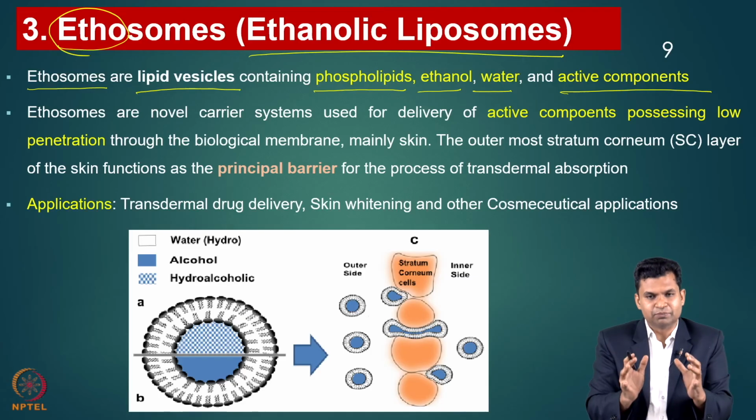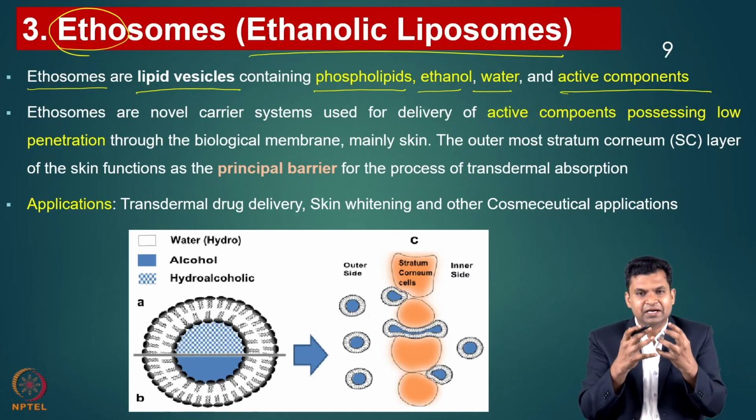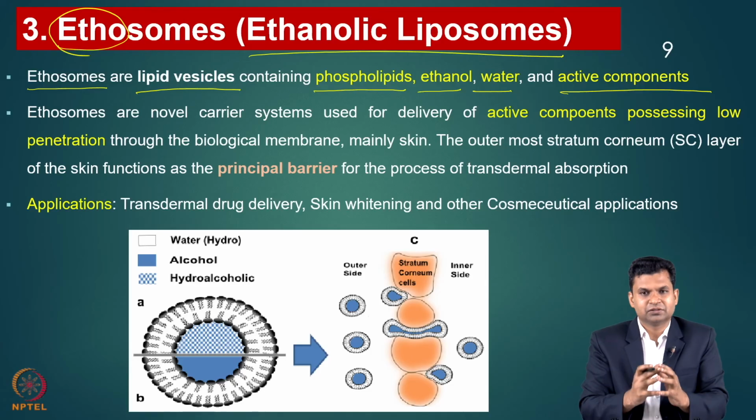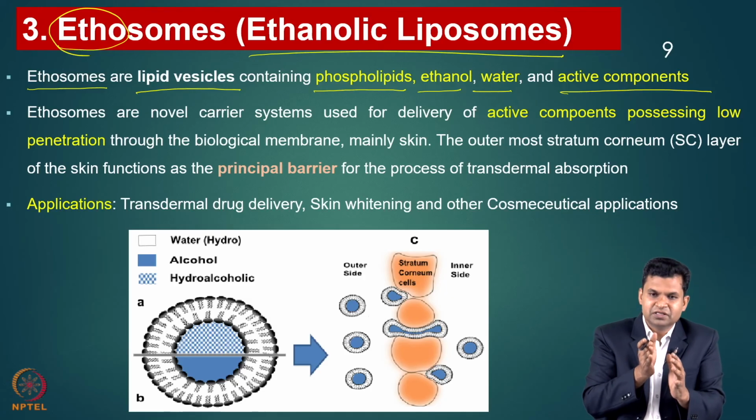So, this formulation is similar to the liposomes. Here the major proportion in this formulation is the ethanol and then water. This composition will help to penetrate the cell membranes of the skin.